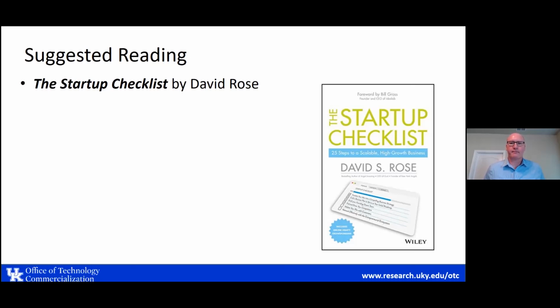We have another question. If you have to form a small business to qualify for SBIR, STTR funding, then who owns the license? Is it the investigator who works for UK and is forming the new business, or UK? Well, any technology that's developed through UK research is owned by the university.